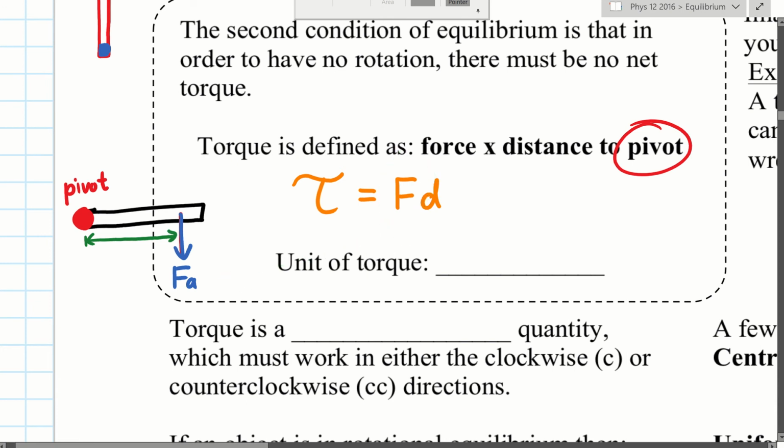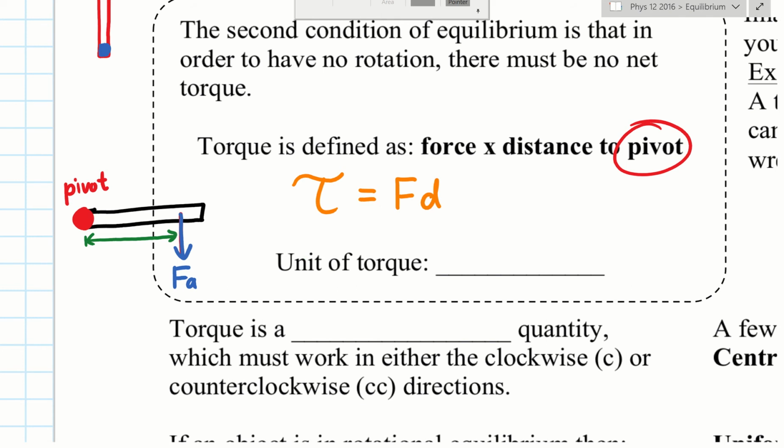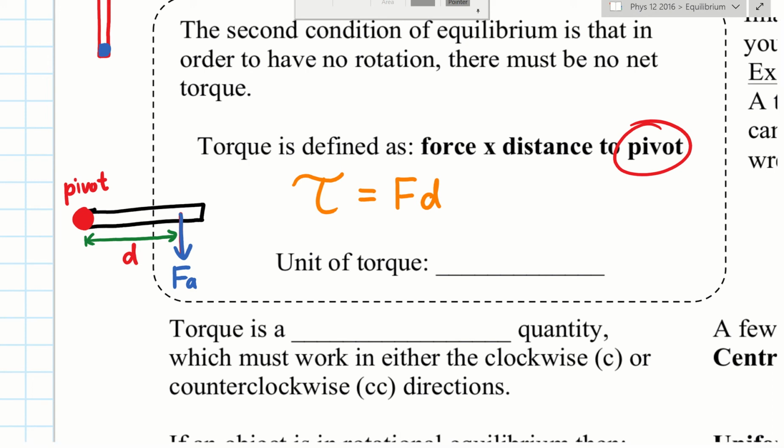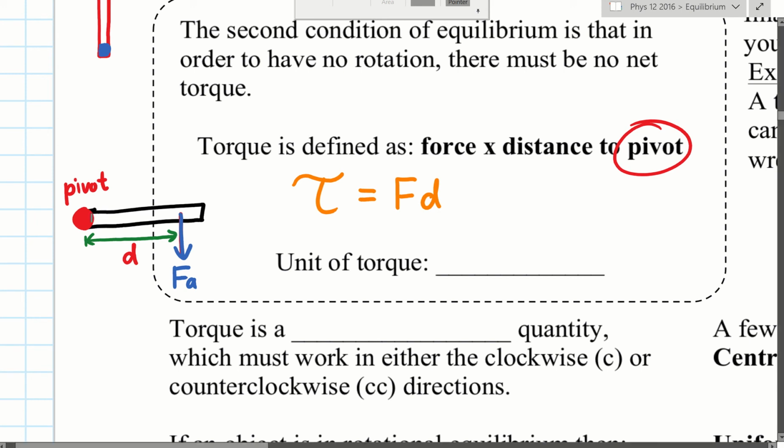The distance is the distance from the applied force to the pivot point, which is this. Be careful. It's not the length of the object. It's the location of the force on the object. You can have multiple people pushing the object, then you will have multiple distances and forces to worry about.